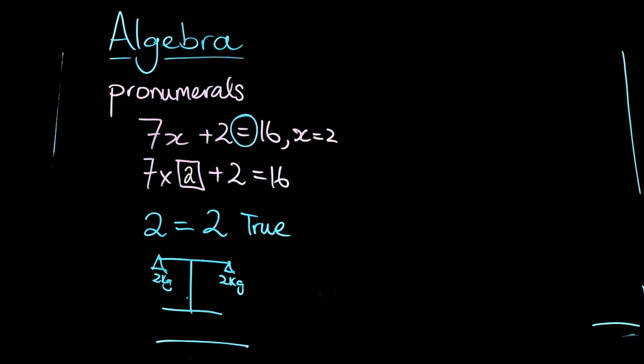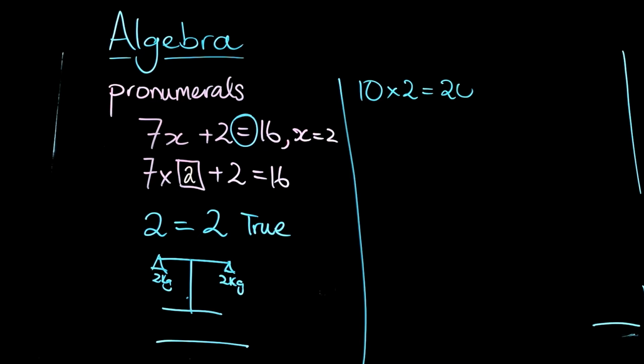And I think in that introduction I said to you something like, we're kind of used to doing this stuff. So I'll just grab another bit of the board here. We're quite used to writing this out, for example, when we're doing our times tables. 10 times 2 is equal to 20. And what we've got to understand now is a little bit more detail about what that equal sign means and what this equation means.